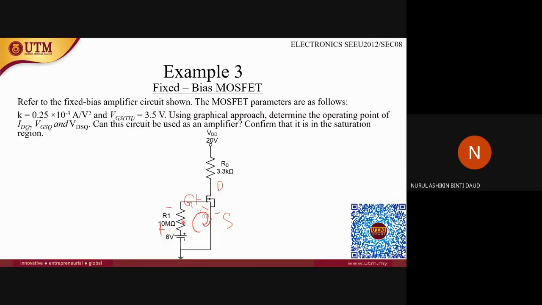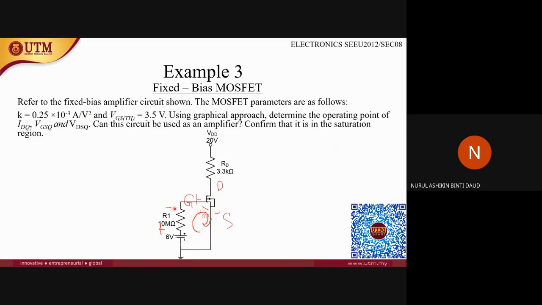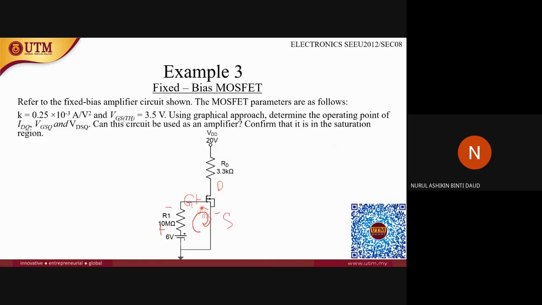The gate current also flows through this resistor. So minus IGR1. Why is it minus? Because current comes out at minus here, right? Minus IGR1 minus VGS.